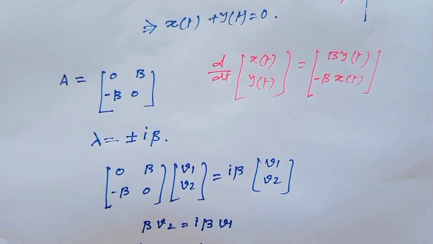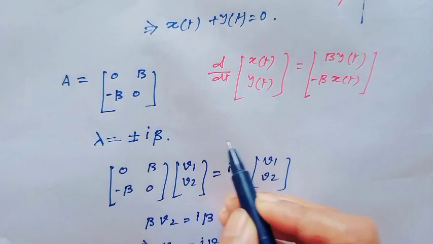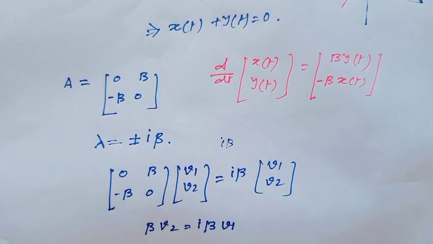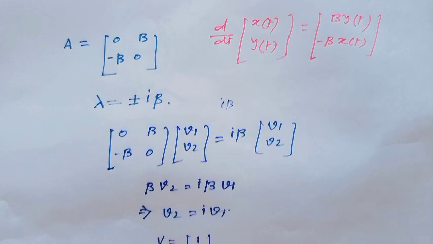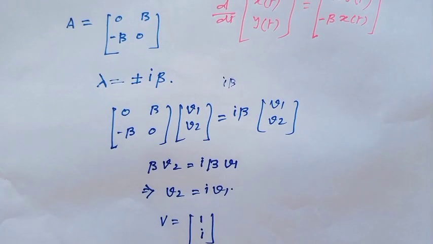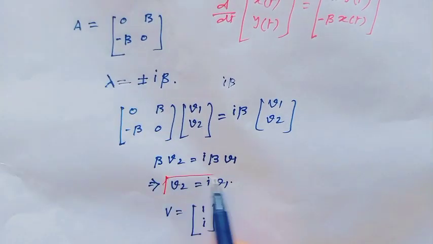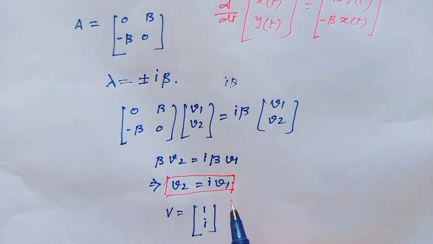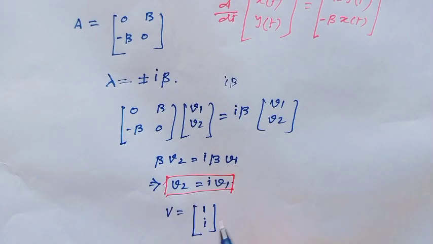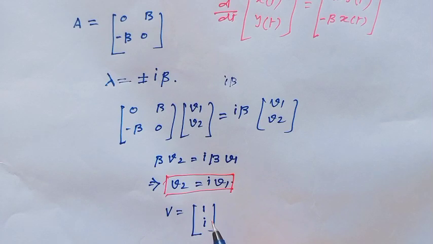Then with respect to eigenvalue plus i beta, the associated eigenvector, just solve it, would be v2 equals i beta times v1. So consider v1 equal to 1, then the vector would be (1, i).